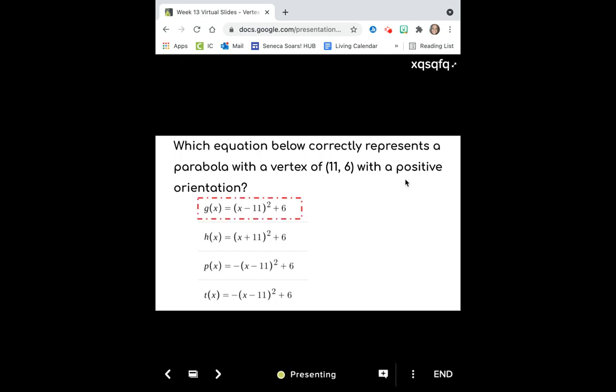So the first thing I want to look at is that it has a positive orientation. So I'm automatically going to eliminate these last two options because they don't have a positive orientation since they have the minus sign at the very beginning of the equation. And then remember, I take my x value of my vertex and I do the opposite. So since this says positive 11, I'm going to look at the equation that says minus 11 in the parentheses. And then the plus 6 stays the same.